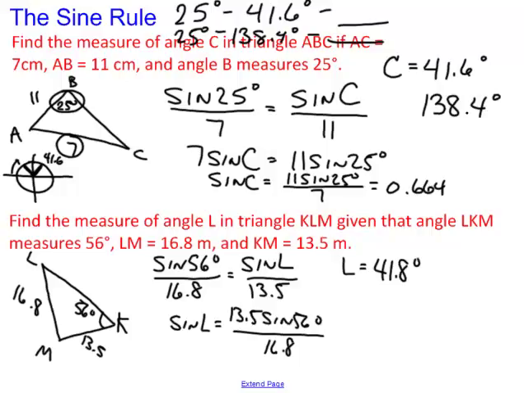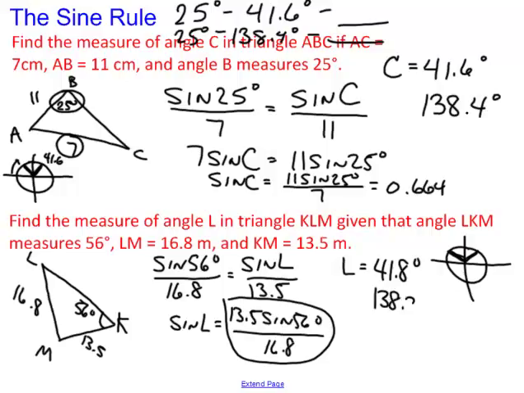Now, the other possibility, again looking at our unit circle, is that if the sine of 41.8 is this answer, which I believe is 0.666, then 41.8 is there. The other possibility is over in the second quadrant, and it would be 138.2 degrees. So we really have two possibilities for an angle L that would satisfy the equation we started with.